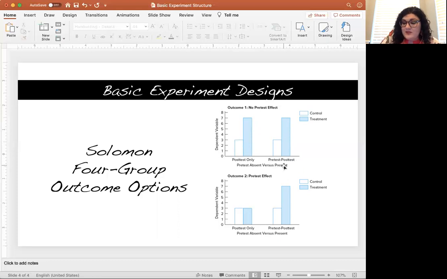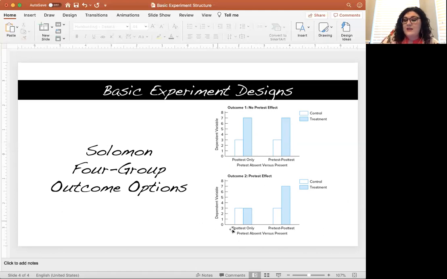And in the pretest post-test group, those who got the treatment, their anxiety was higher than those of the control group. That would tell us that there's no pretest effects, that taking a pretest about anxiety did not have any effect on the outcome of the experience of anxiety after having a psychoeducation class about what could go wrong during pregnancy.